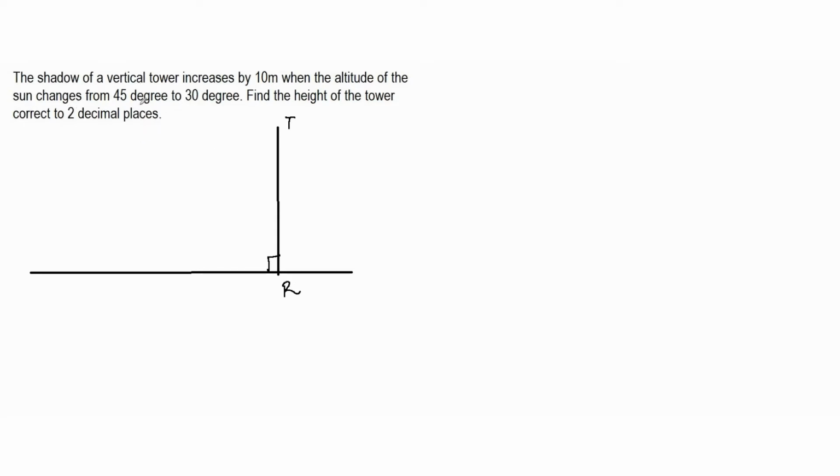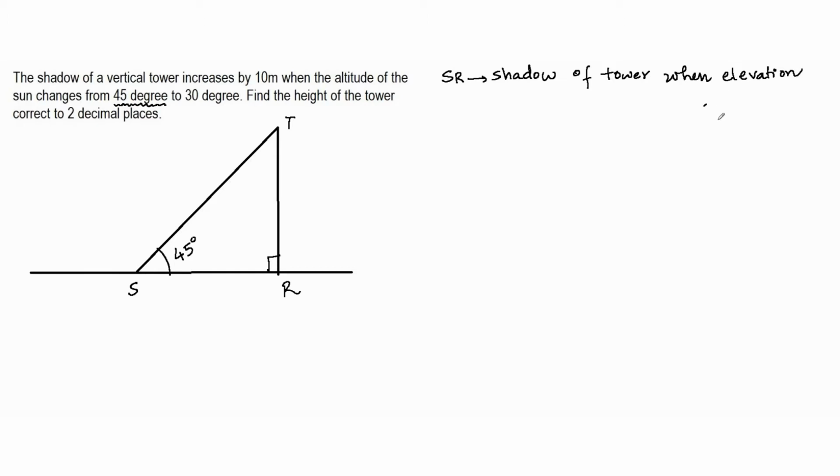When the angle of elevation of the sun, so altitude of the sun, changes from 45 degrees, it means that the initial angle of elevation is 45 degrees, and therefore the sun was spotted at 45 degrees with respect to the ground. And therefore the first shadow is going to be SR. SR is the shadow of the tower when the elevation of sun is 45 degrees.